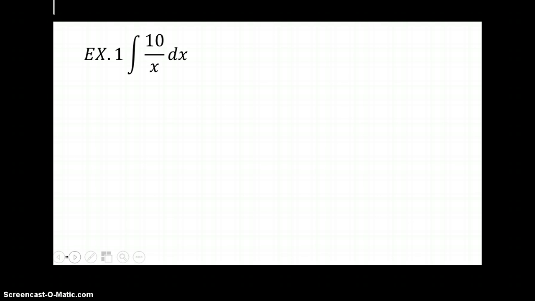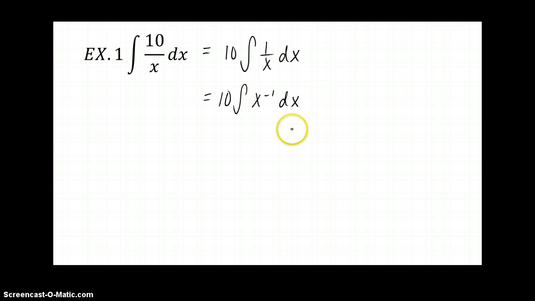Okay, so the antiderivative of 10 over x. I would pull 10 out. I know you guys ask me often, do we have to do this? It's totally up to you, but just so you can see the rule, 10 is just a constant, or a coefficient, I'll say. Now, I'll do it for this one. If we rewrote this as a power rule, x to the negative 1, we can't add 1 and divide by 0, so this is our log rule, natural log of the absolute value of x plus c.